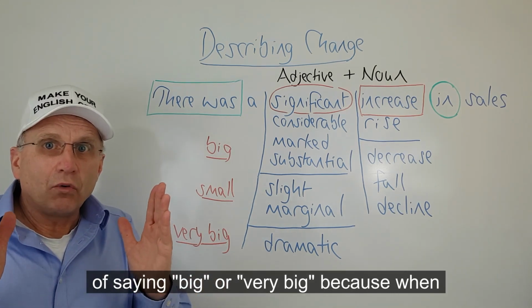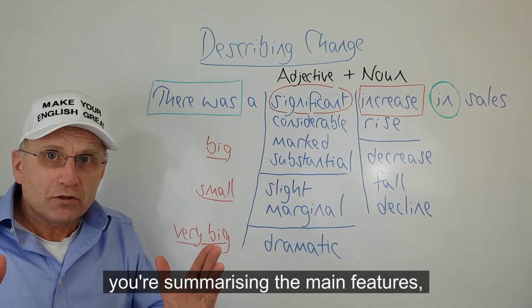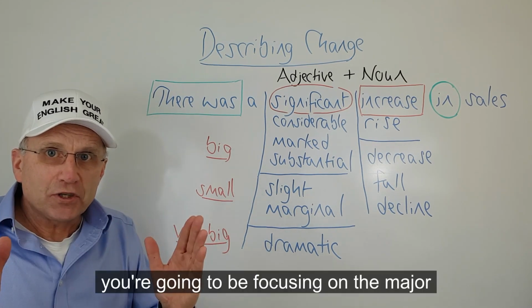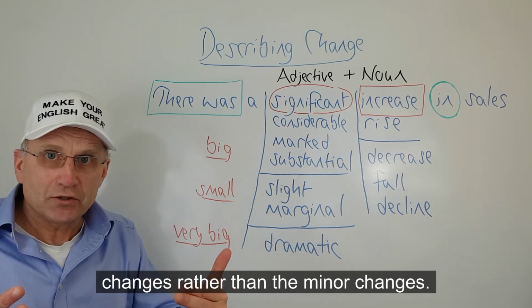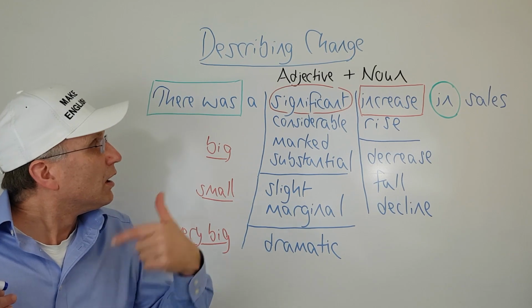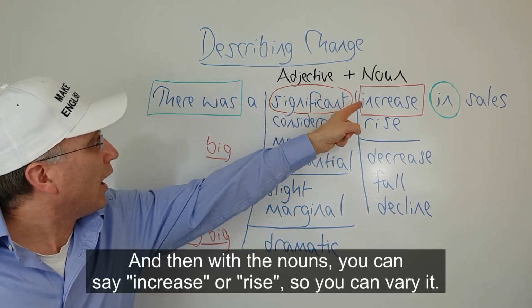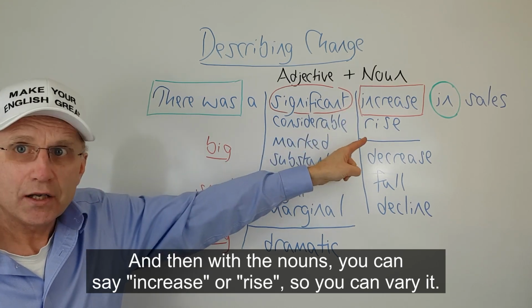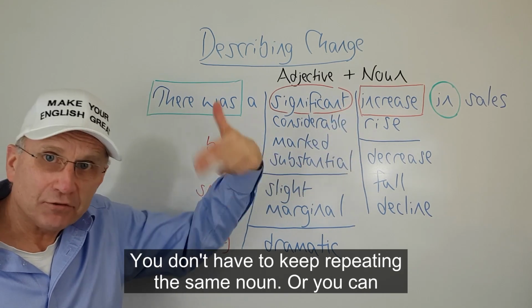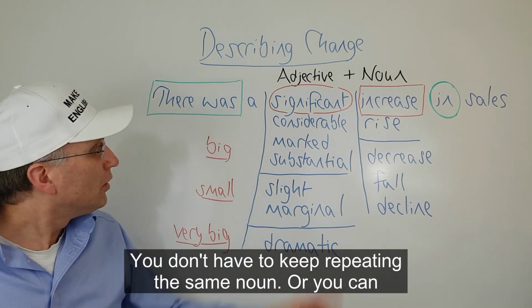because when you're summarising the main features, you're going to be focusing on the major changes rather than the minor changes. And then with the nouns, you can say increase or rise, so you can vary it. You don't have to keep repeating the same noun.